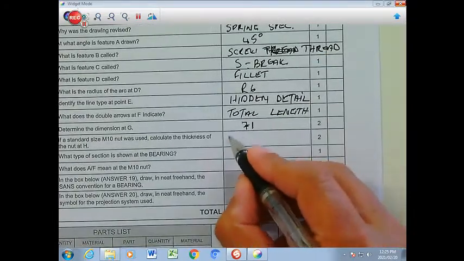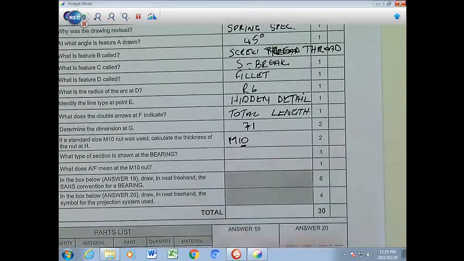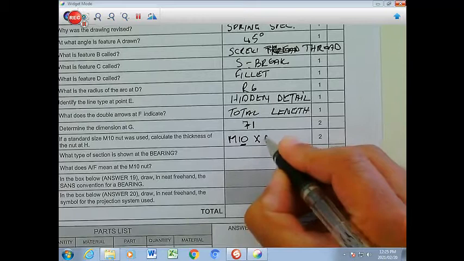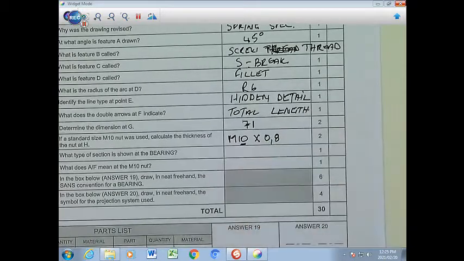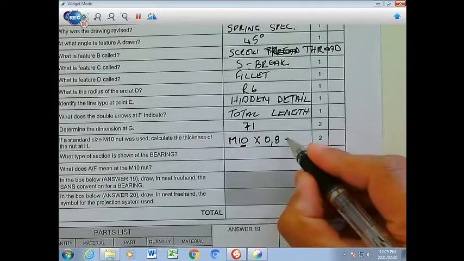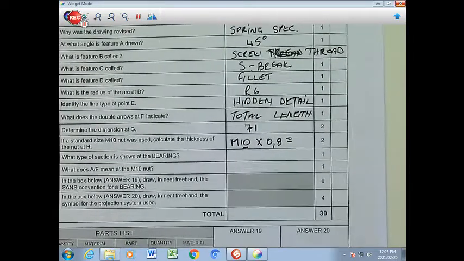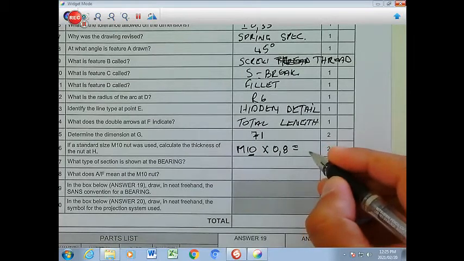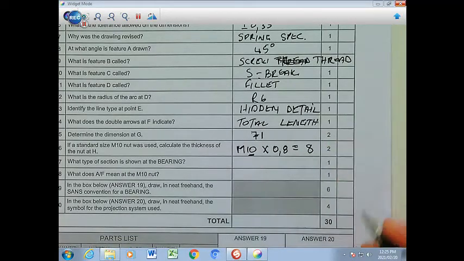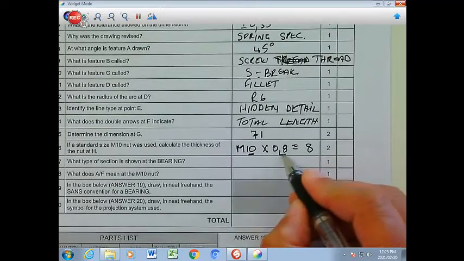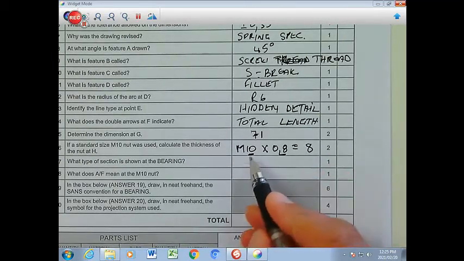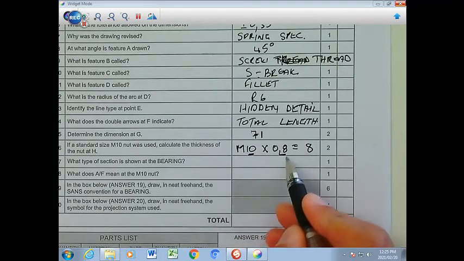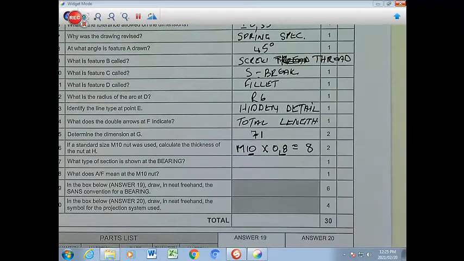You're going to say M10, it's basically just refer to the 10 times 0,8. 0,8 will be for the height calculation of a nut, and 0,7 is the height calculation of a bolt. And that calculation is going to give you an answer of 8. That's why it's 2 marks. Very important, that 0,8. It's a standard size. Even if it was M20 and M15, it always is multiplied by 0,8 for a nut.